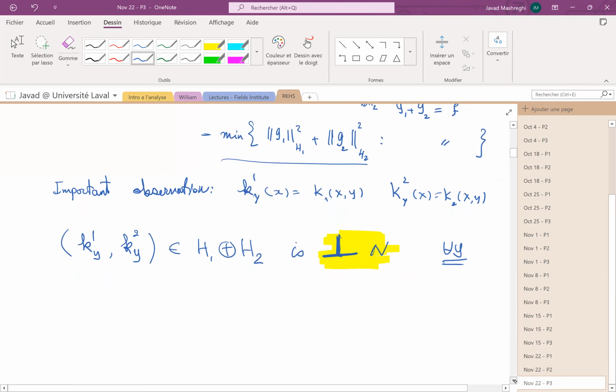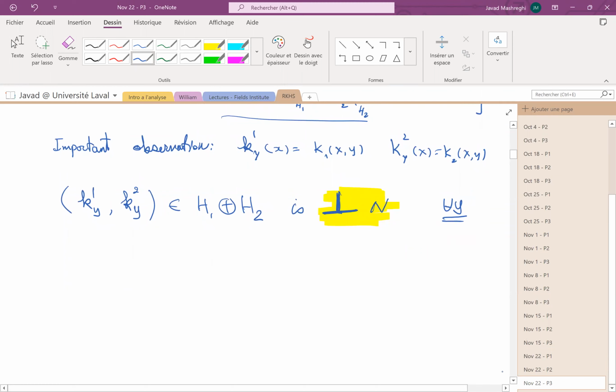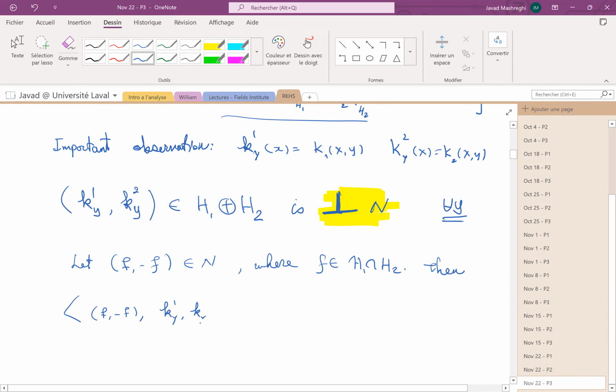Proof is not that difficult because an arbitrary element of N is like this. Let (f, -f) be in N, where f is in the intersection. Then what is the inner product of these two elements, (f, -f) and (k_y^1, k_y^2)?